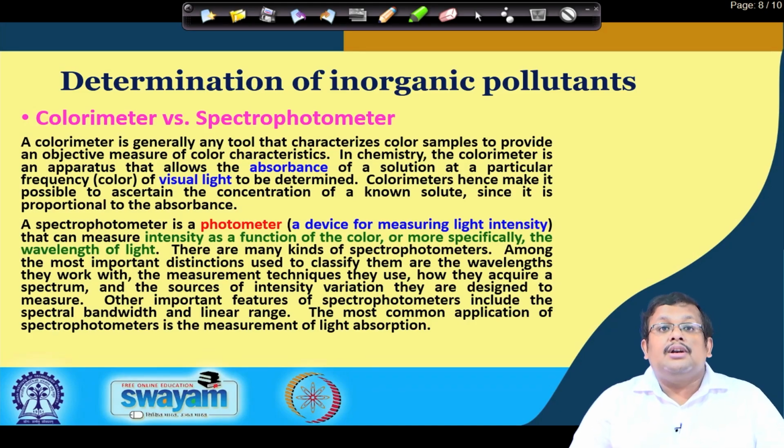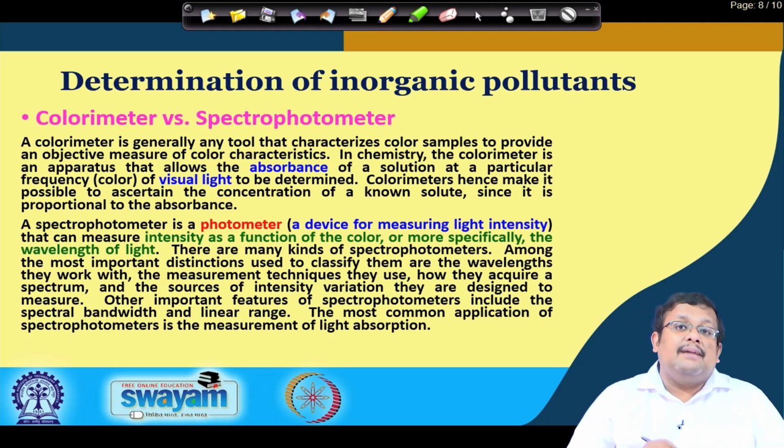Among the most important distinctions used to classify them are the wavelengths they work with, just like UV-Vis spectrophotometer, visible spectrophotometer and so on and so forth, and the sources of intensity variation they are designed to measure. These are some important considerations. Other important features of spectrophotometers include the spectral bandwidth and linear range.